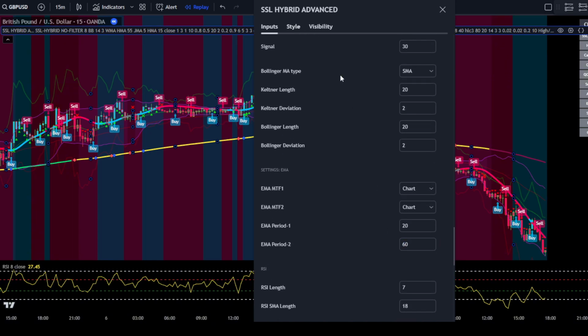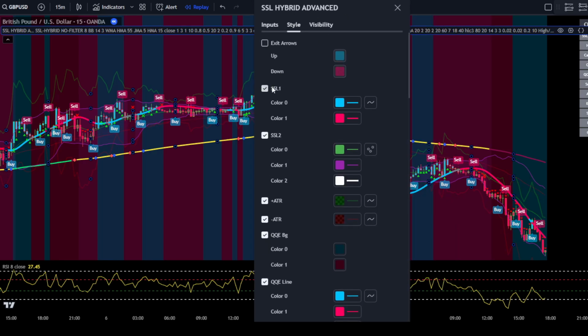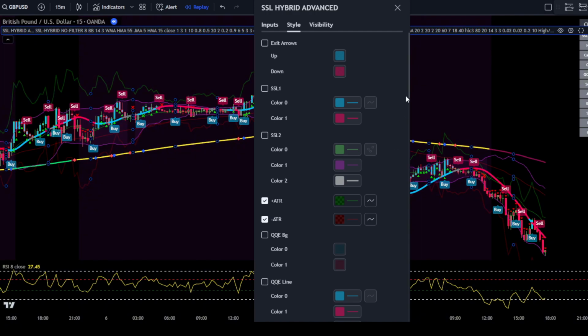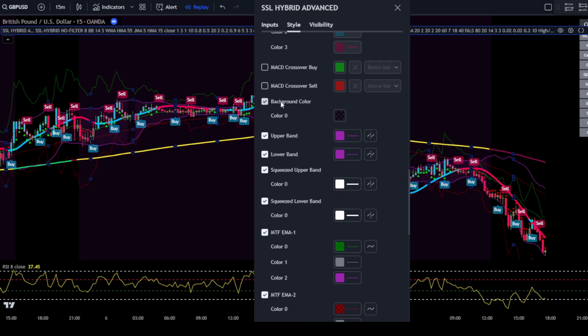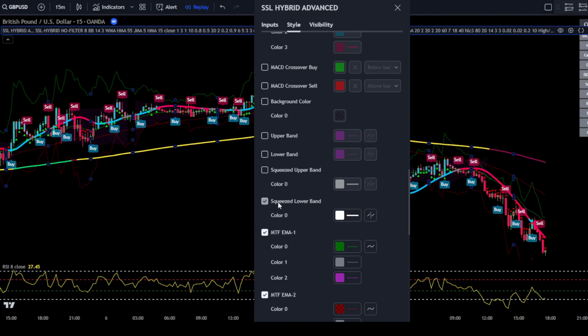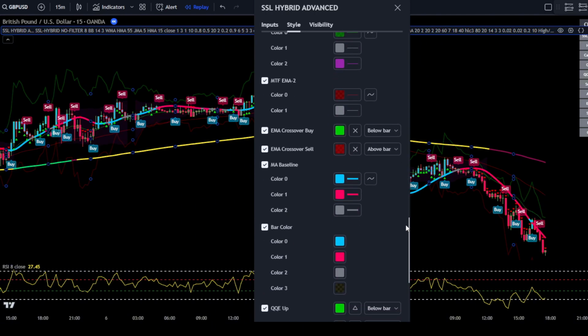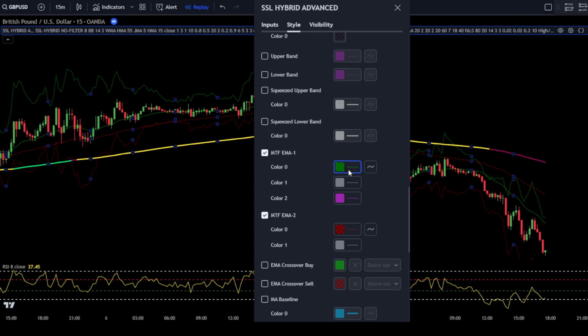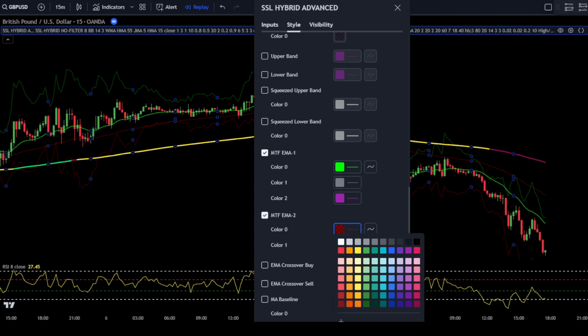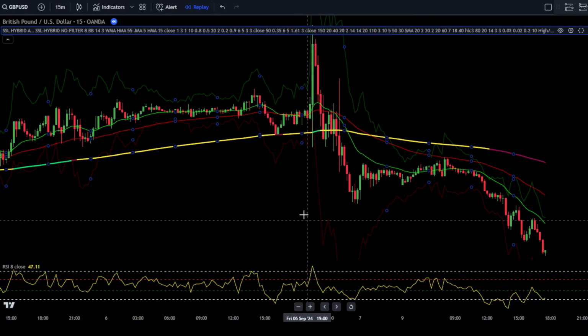After that, go to the Style tab and adjust the settings as I show in the video. Once you're done, click OK to save the changes.